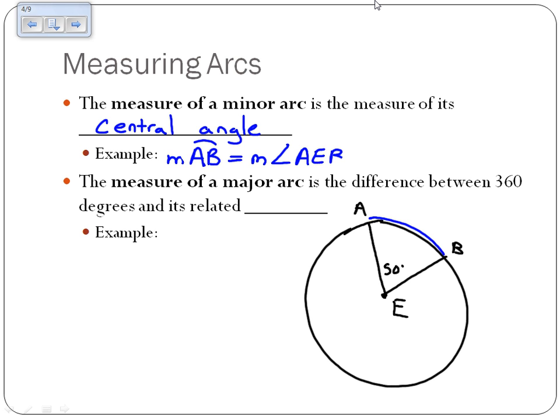Do you see how the central angle matches up with that arc? It makes like a pizza slice with it. Well, they're both equal, so how much does the arc have to be then? 50 degrees. So arcs are measured in degrees, so that would be 50 degrees.